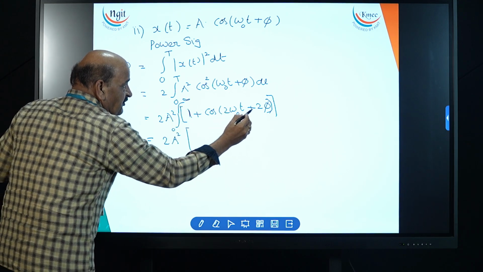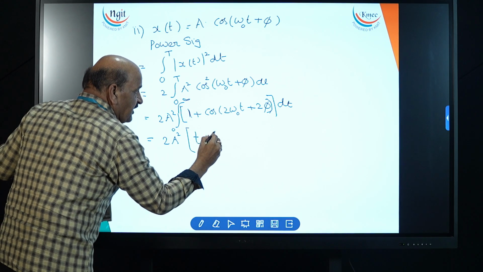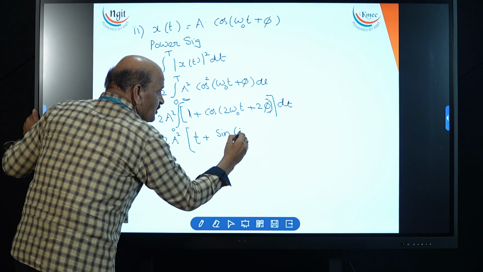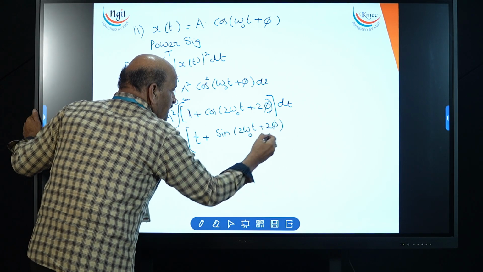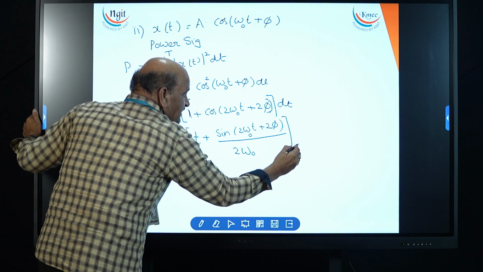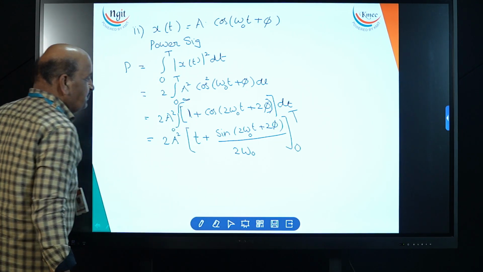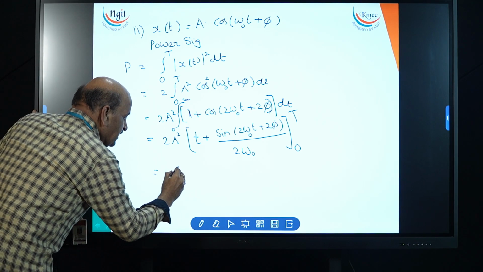So for 1 with respect to t, we get small t; for cos, this is sine of 2 omega naught t plus 2 phi, whole divided by the constant 2 omega naught, between the limits 0 to T. Now substitute these values here: that equals 2A square.